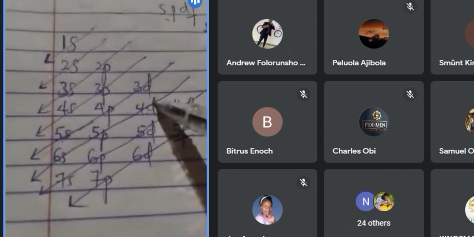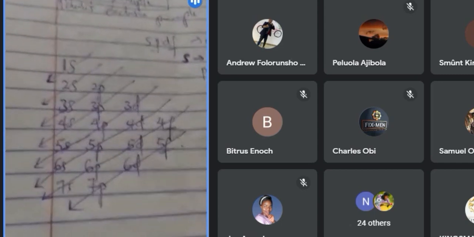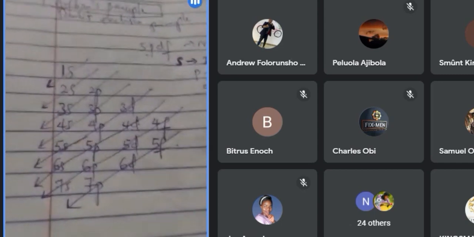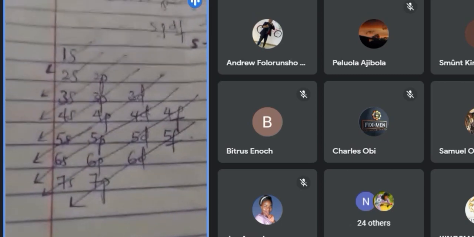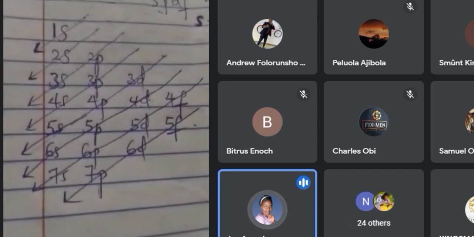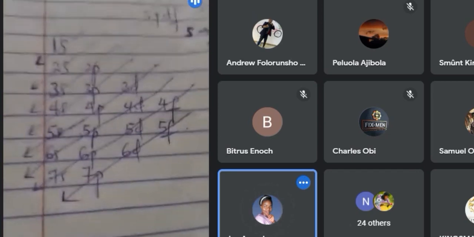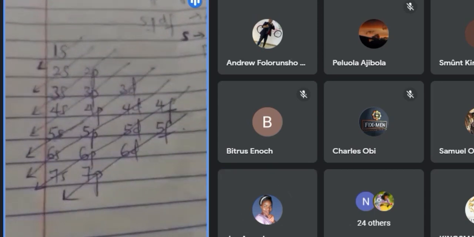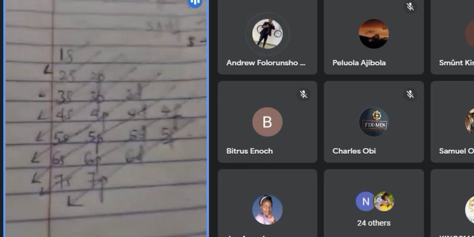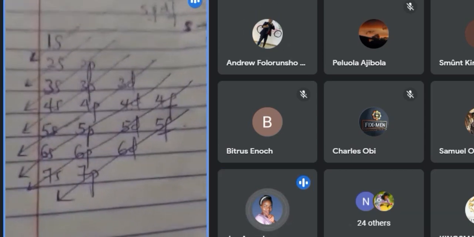But maybe they are giving some regard to numerals. Maybe that's what they're doing, putting the 4D before it, but they are not filling the 4D before 5S. That's what we did yesterday. After you fill 5S, you now come and fill 4D. You don't have a choice. You understand?